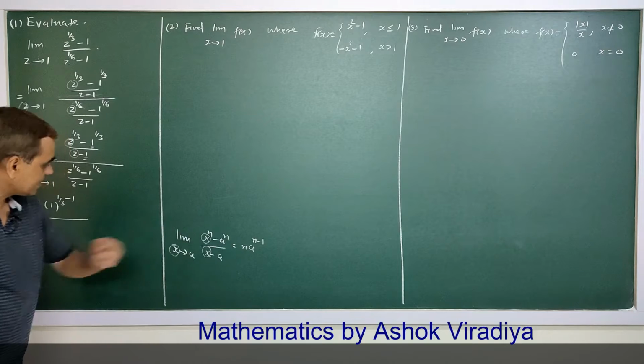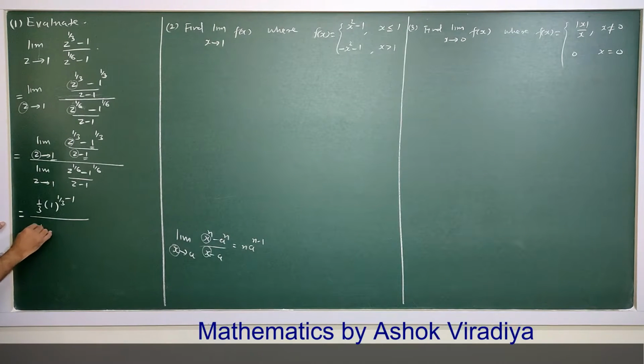So put here 1/6: 1/6 times a raised to 1/6 minus 1. So this is 1/3 upon 1/6, and 1 raised to anything is 1. So the value is 6/3, that is 2.